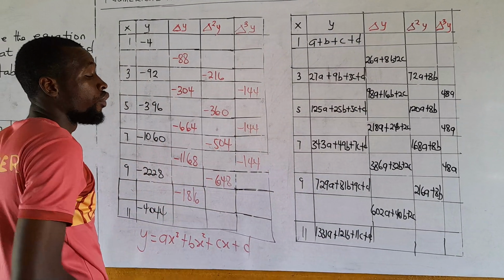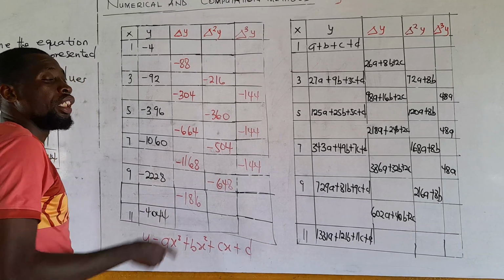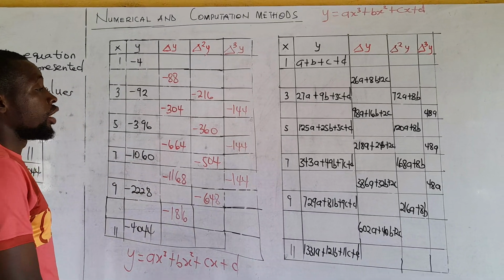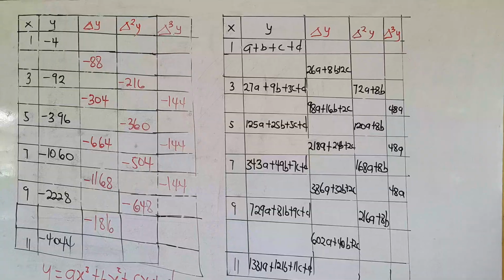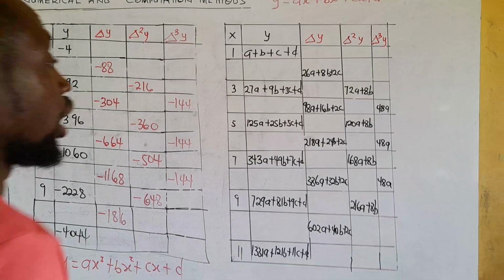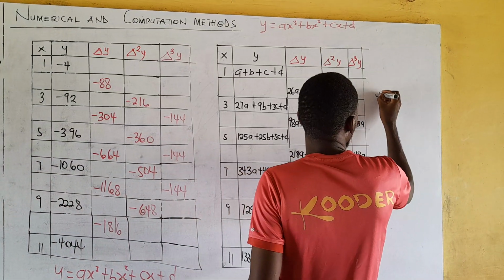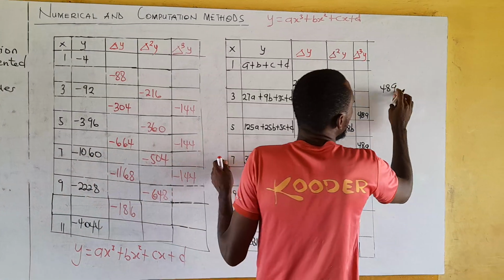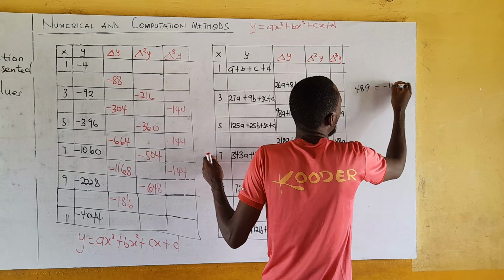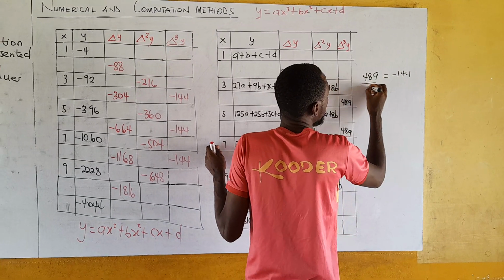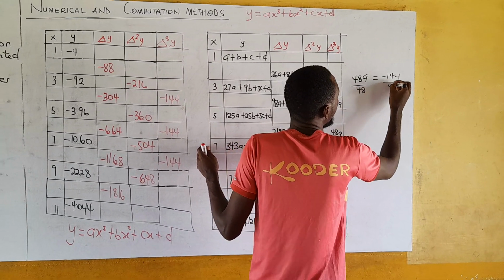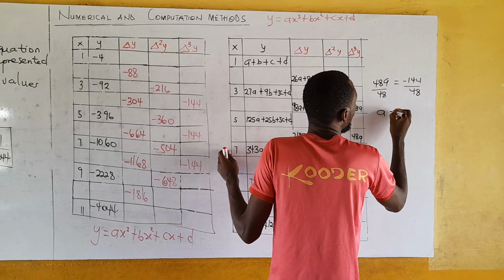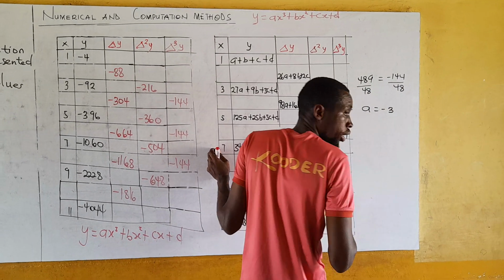So we can find the values of A, B, C, and D. Then we substitute. So now let's equate to get our values. So we can say 48A, that's this, is equal to negative 144. We divide both sides by 48. A will be equal to negative 3.